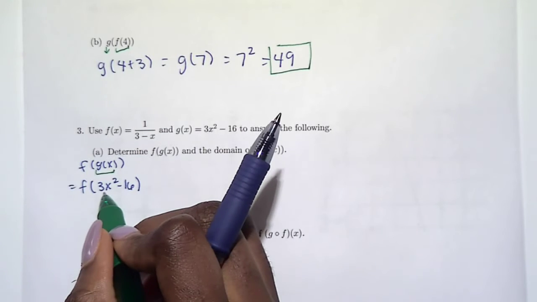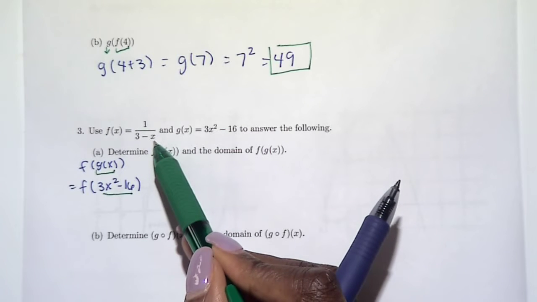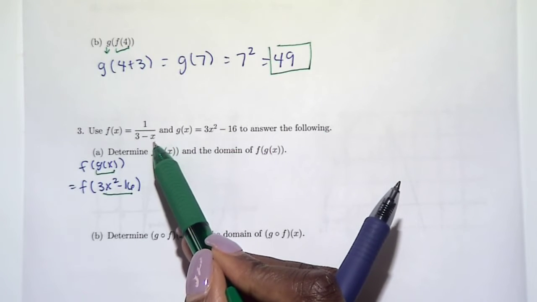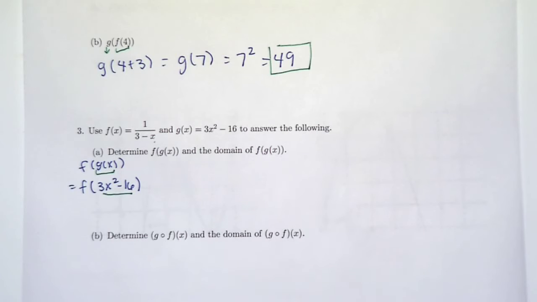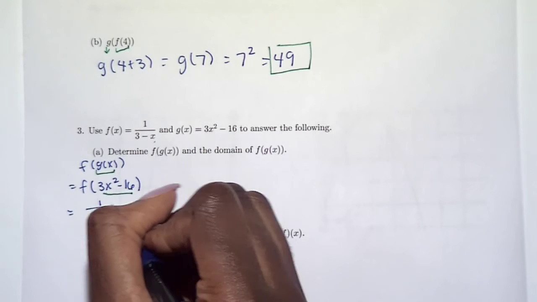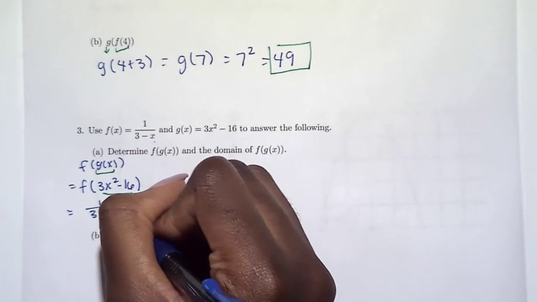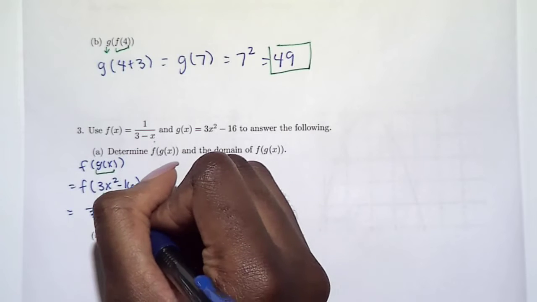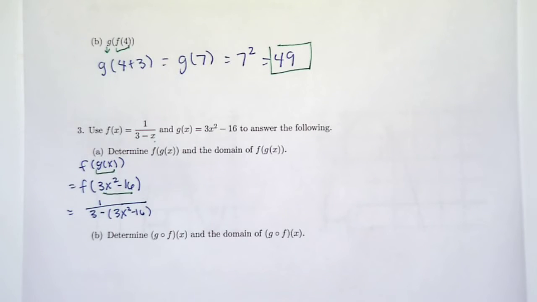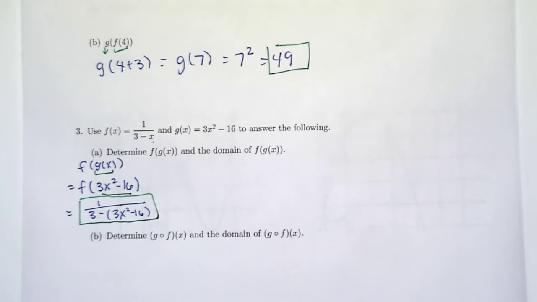We just take 3x squared minus 16 and plug it in for x in our f function. So instead of x, I'm using 3x squared minus 16. All right, and so that is our f of g of x.